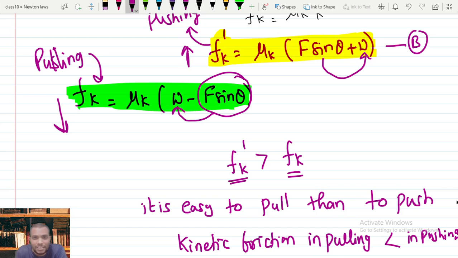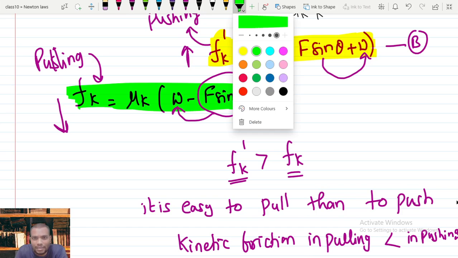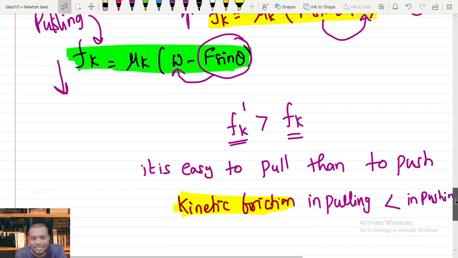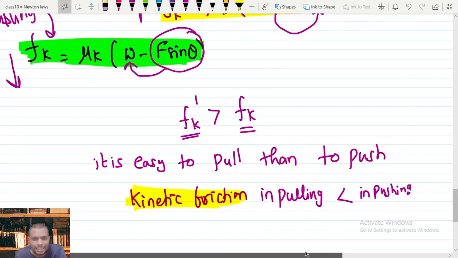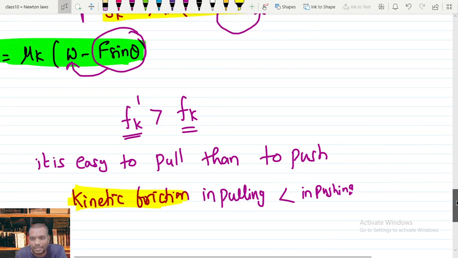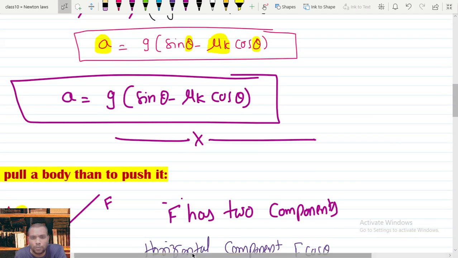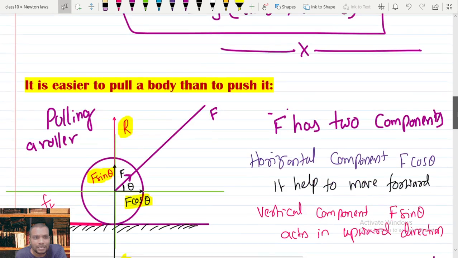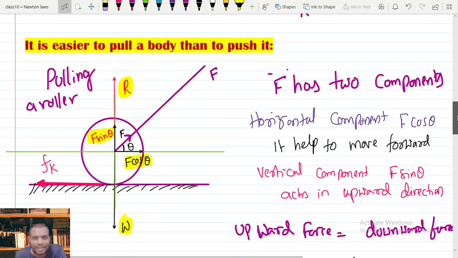Kinetic friction is the only reason that makes the action easy. The kinetic friction is less in the pulling action than in the pushing action. That is the reason we can say it is easier to pull a body than to push it.